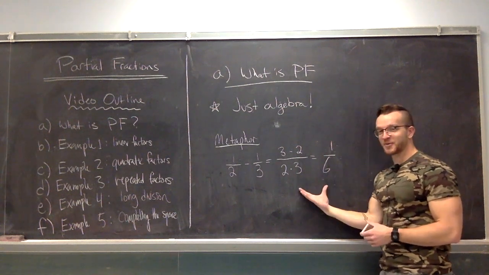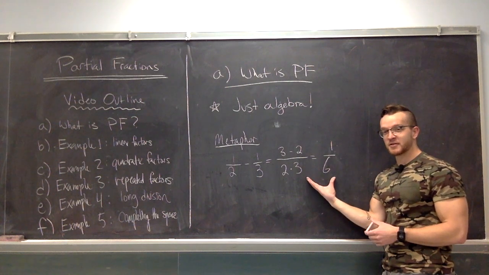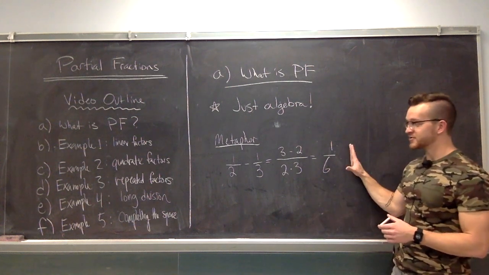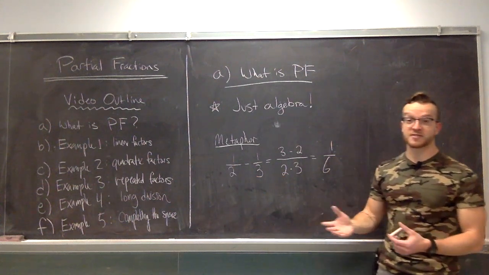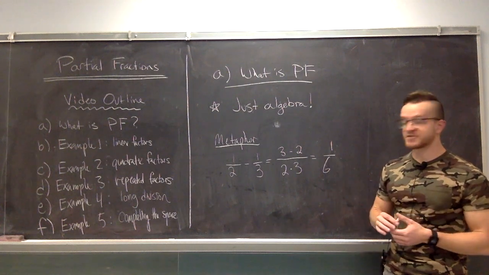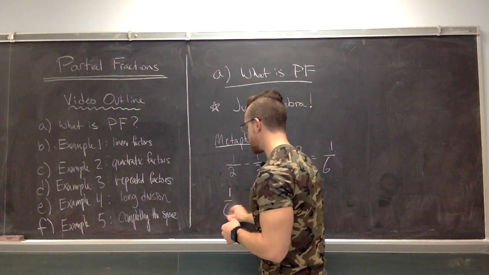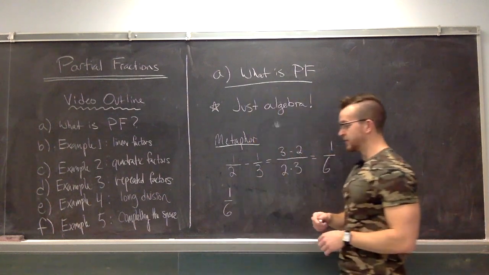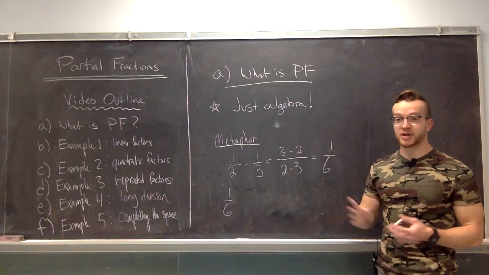Why am I talking about this? Here's what partial fractions is. Partial fractions is going in the reverse direction. That's it. In particular, what if instead someone walked up to you on the street and gave you the fraction 1/6, and you looked at it and you thought, oh my God, 6 is such a big number.